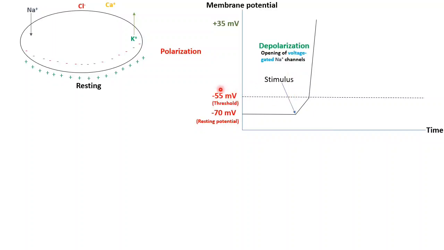When it is negative 55 millivolt, they open, until we reach positive 35 millivolt. These voltage-gated sodium channels close at positive 35 millivolt. So they open at negative 55 millivolt, and at positive 35 millivolt they close.